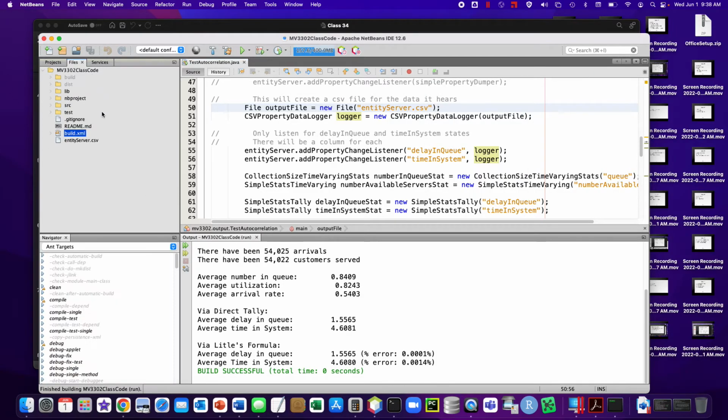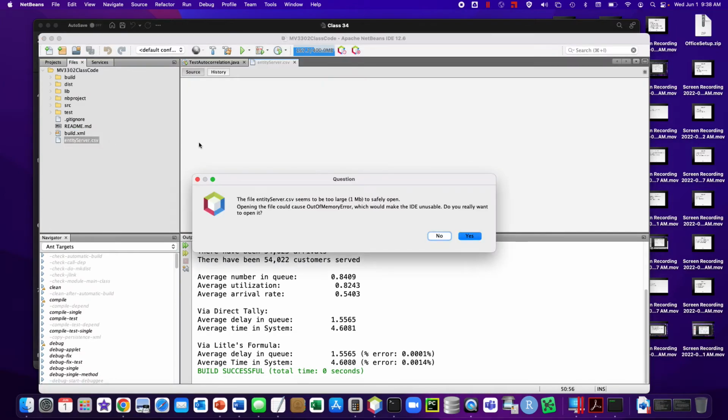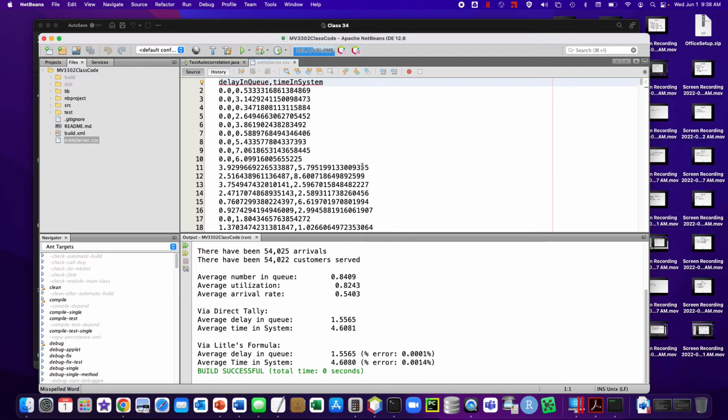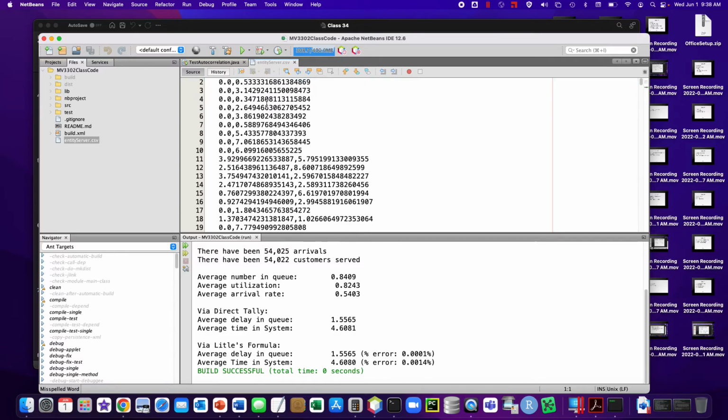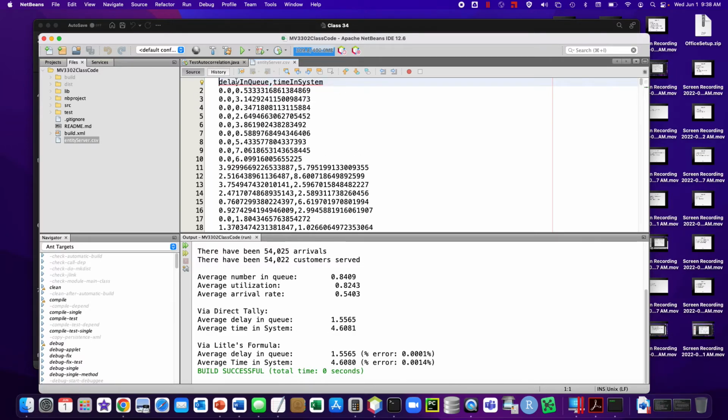then what I get is what it just produced: a comma separated value file of delay in queue and time in system.